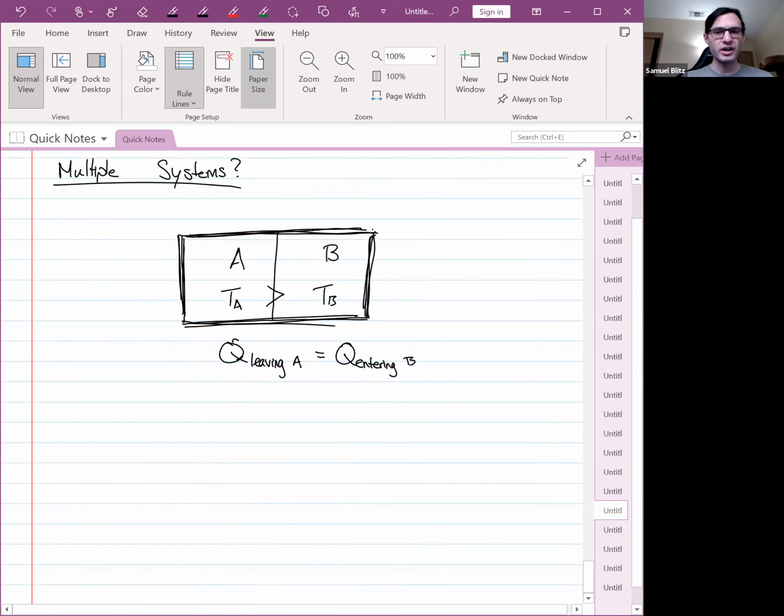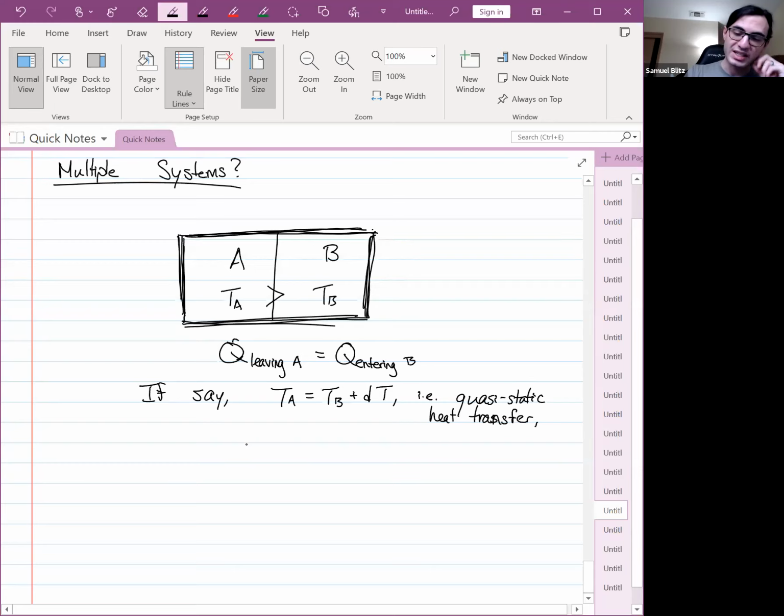Now, so long as this is done quasi-statically, if, say, TA is equal to TB plus a very, very itty-bitty, infinitesimal temperature difference, then we can write that dS1 plus dS2, the changes in entropy for the two systems, should be equal to 0 because it's extensive.